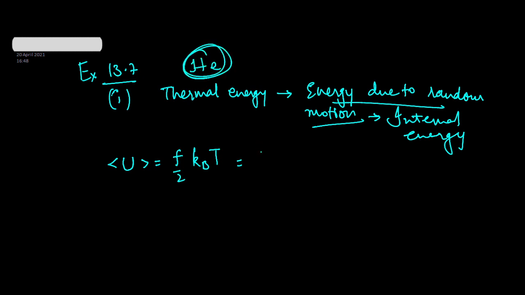Helium atom is given, so monoatomic. So degree of freedom 3 by 2, kB 1.38 into 10 raised to minus 23, and temperature, 27 degrees Celsius means 300 Kelvin. Okay, first one clear?